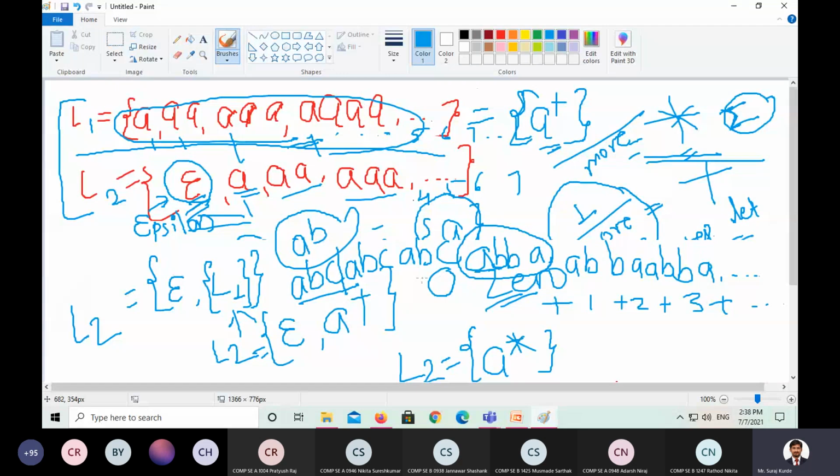So the language we can represent is this one, A star, and the first one is A plus. That is the difference. I hope it is clear. What is the difference between plus and star?